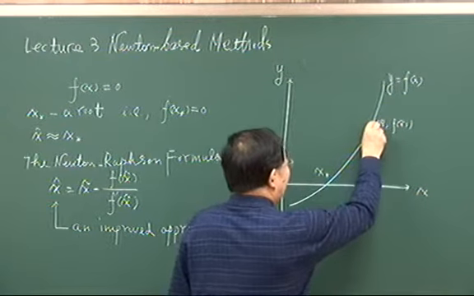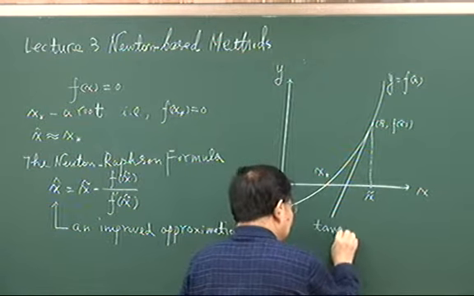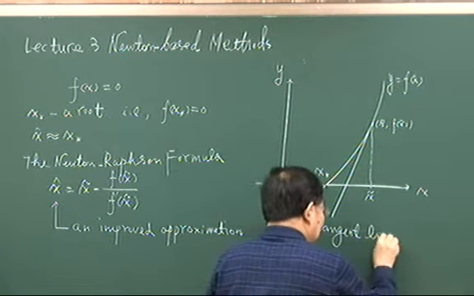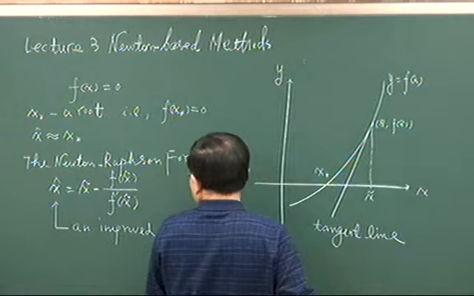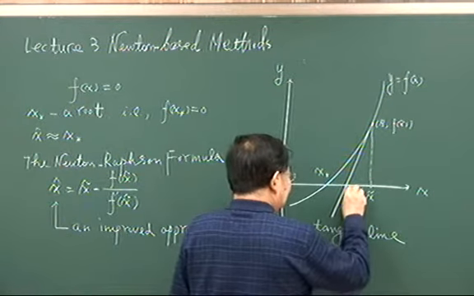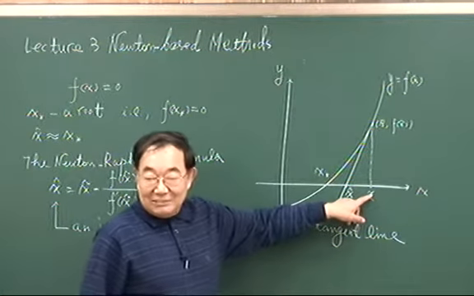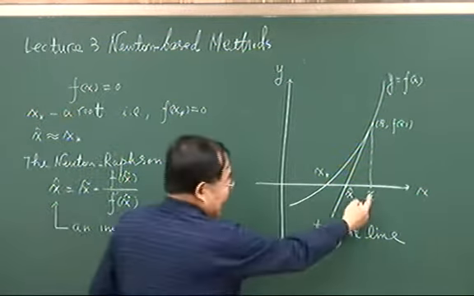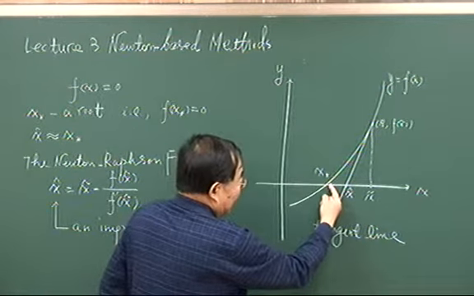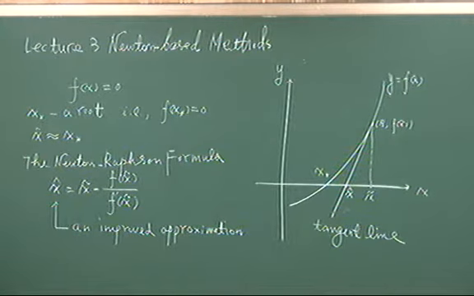At this point we have a tangent line. Then this x hat is just here. For this example, you see this is much better than this one. This is Newton method. If this x is very near the root, it will converge very quickly. This is a Newton method.